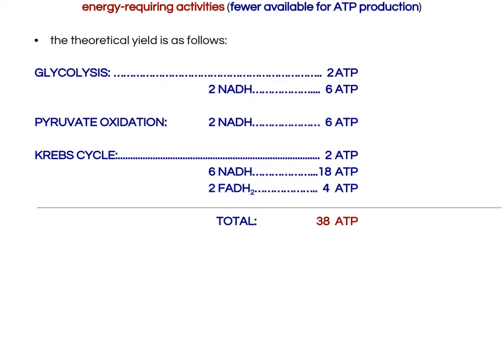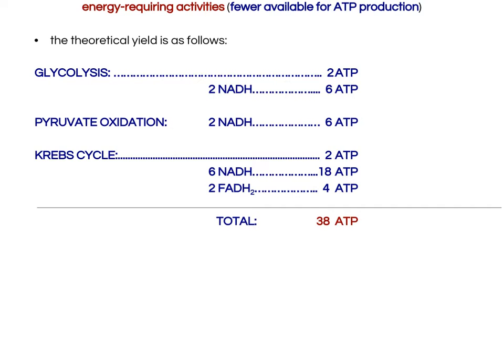Remember, substrate level phosphorylation happens directly during that particular stage, whereas in oxidative phosphorylation, the electron carriers, like NADH and FADH2, are produced in a particular stage, but the phosphorylation and ATP production happens only during the electron transport chain and chemiosmosis in those final stages.